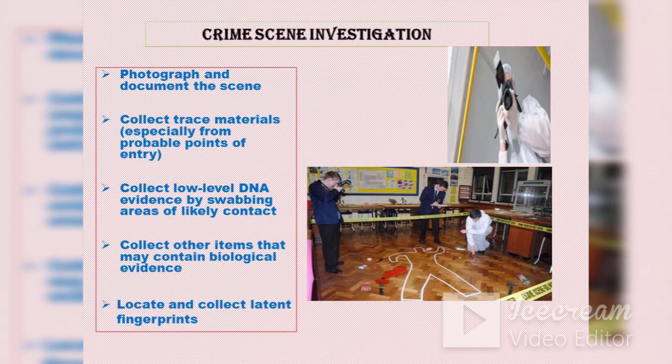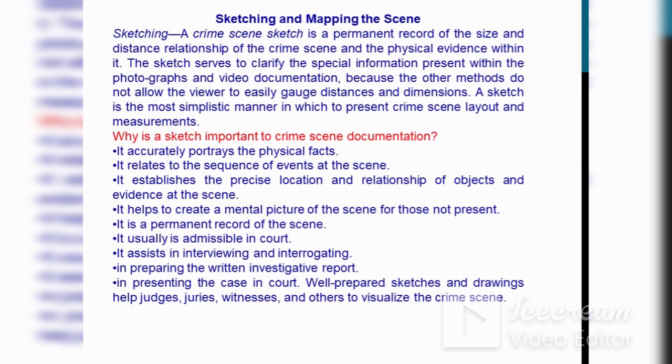Photograph and document the scene, collect the trace materials especially from probable points of entry, collect low level DNA evidence by swabbing areas of likely contact, collect other items that may contain biological evidence, and locate and collect latent fingerprints. Then sketch and map the scene.